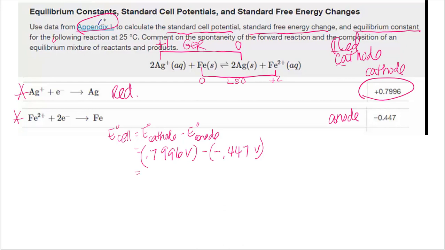Let's plug this into our calculator, and I get 1.2466. And because this is a positive value, that tells me that we are spontaneous in the forward direction.